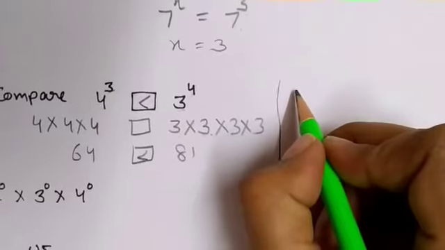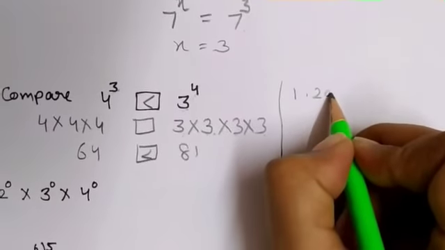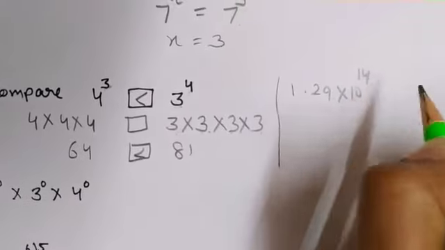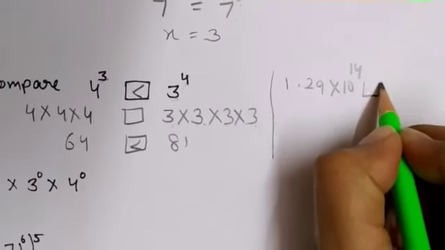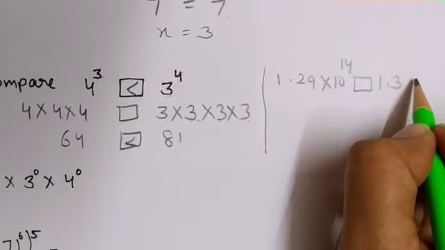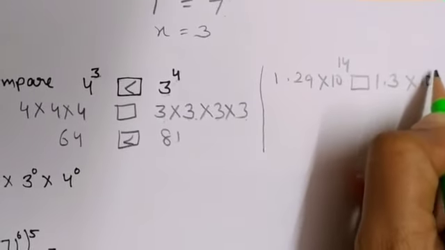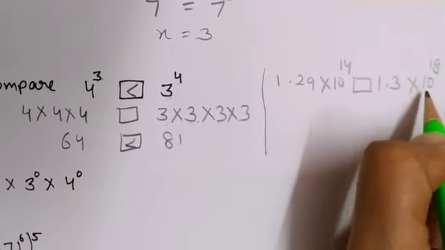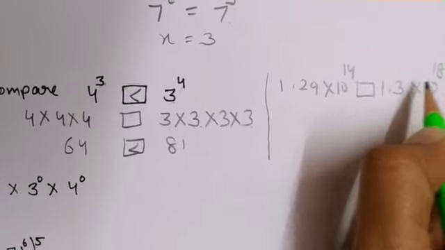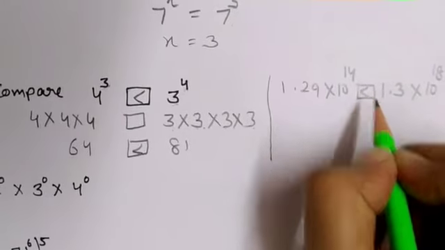If we have 1.29 multiplied by 10 to the power 14 and 1.3 multiplied by 10 to the power 18. For 10 to the power 18, the power is greater, so this number is greater.